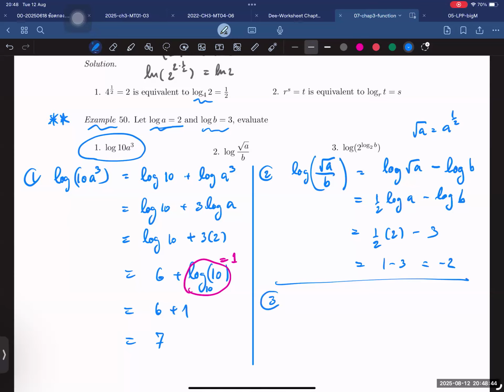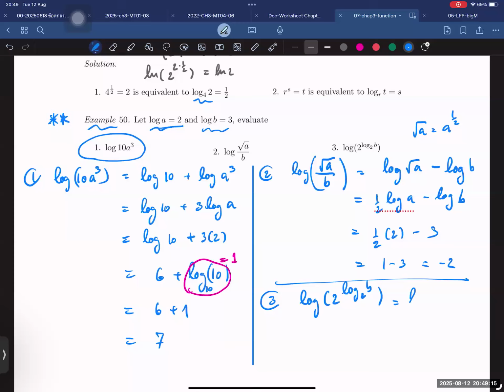How about number 3? Number 3, okay. Because we have 2 to the power of log base 2.